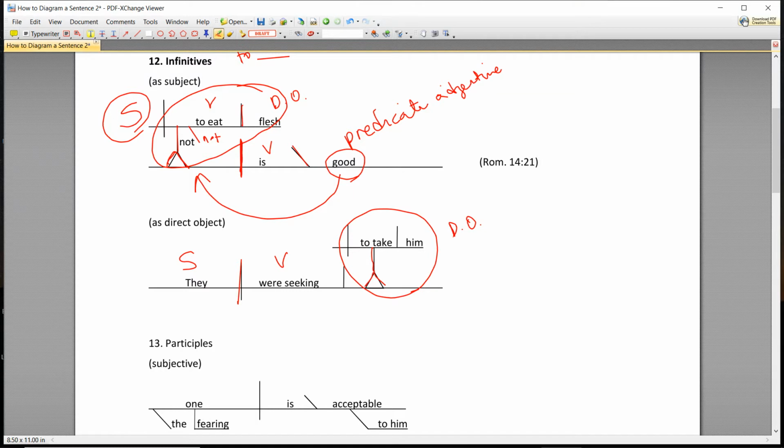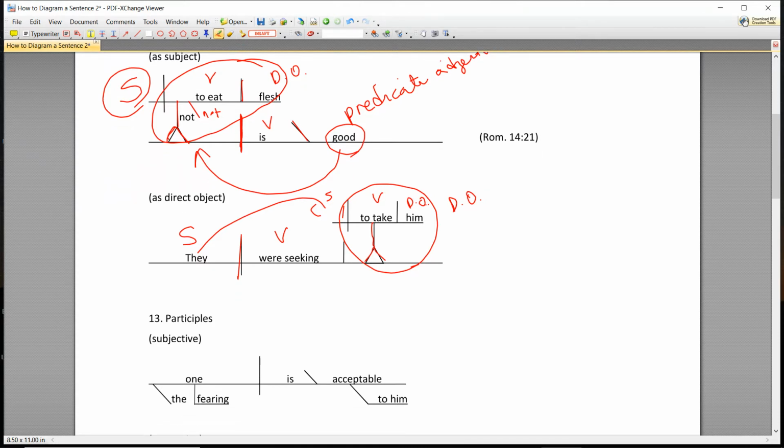The subject is kind of assumed. Subject is they actually, right? But we don't need it in English. They were seeking for them to take him, right? So we leave it. So subject is missing, and the verb to take, this is direct object. So this is direct object of the direct object phrase, right? So they were seeking to take him. Okay, think about it. Keep thinking about it. Anything that's more than one word will be lifted.